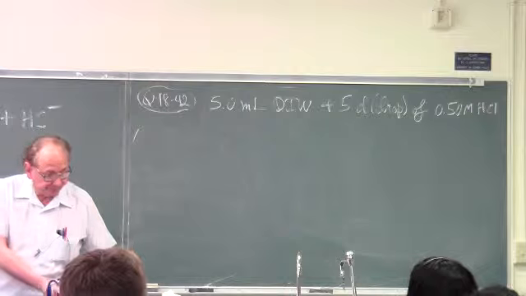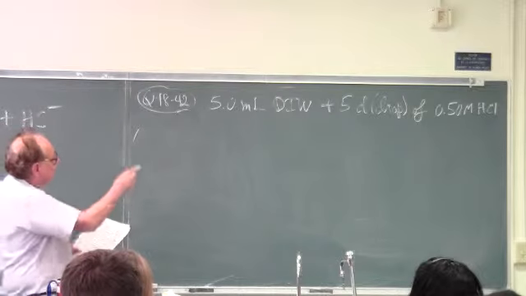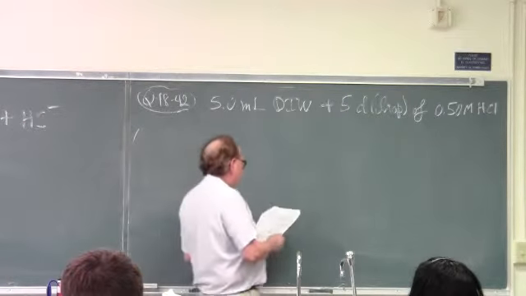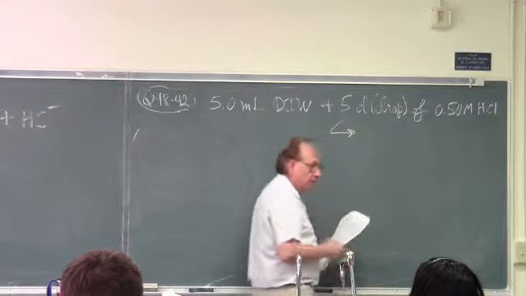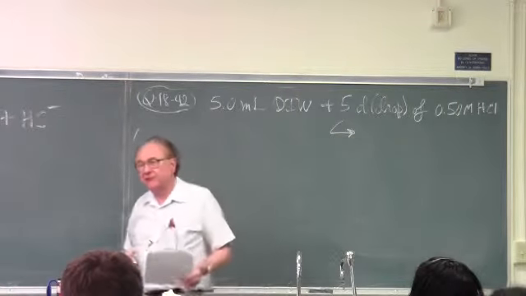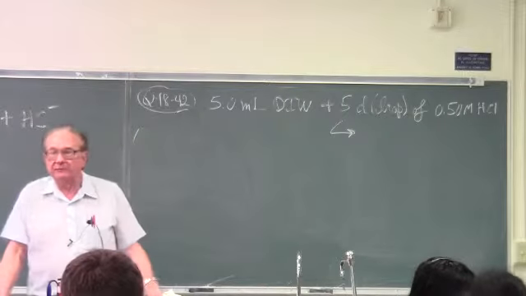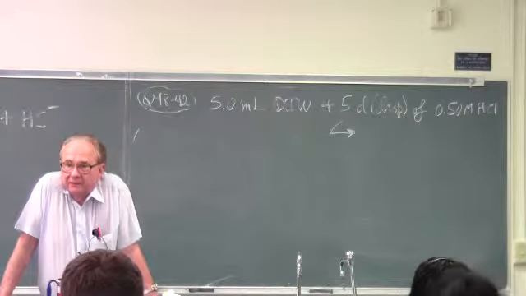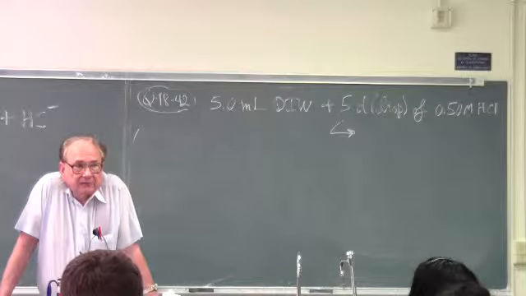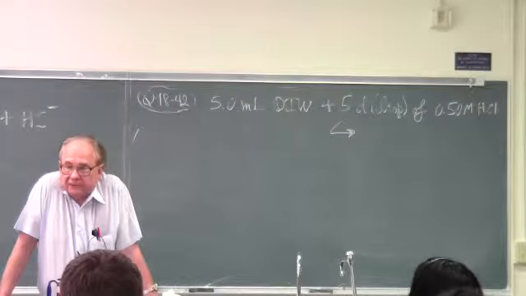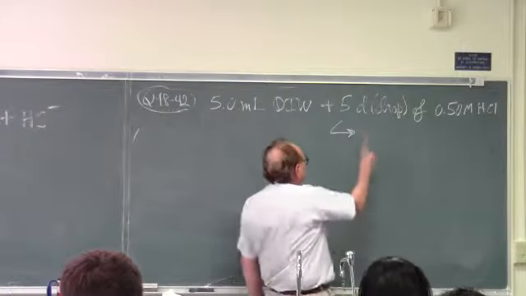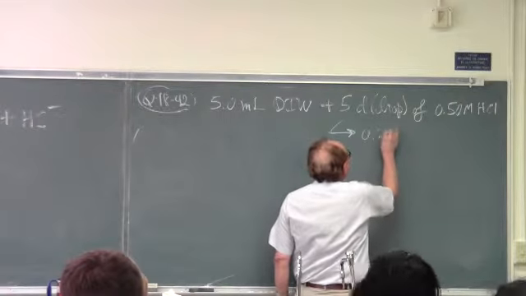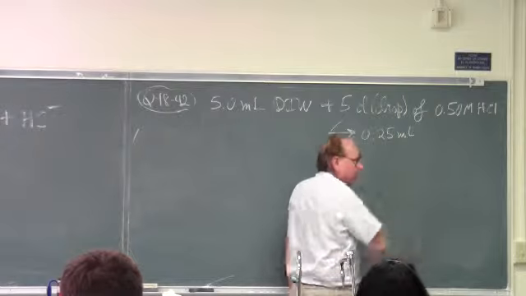Now then, here's this system. 5 drops. Well, if there's 20 drops in a milliliter, 1 drop has a volume of how much? 0.05 milliliters. So 5 drops volume is how much? Milliliters. Bingo. Okay?